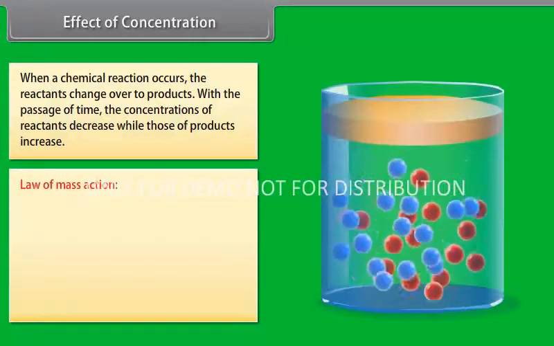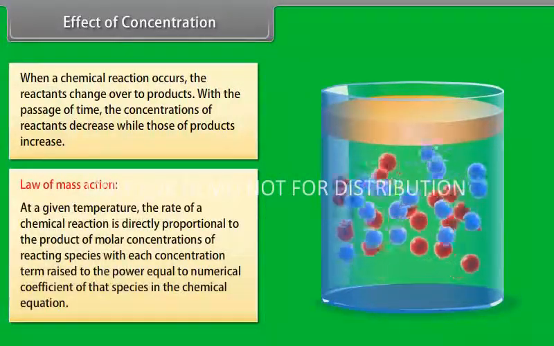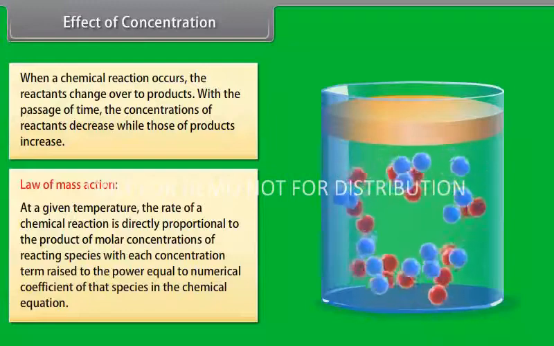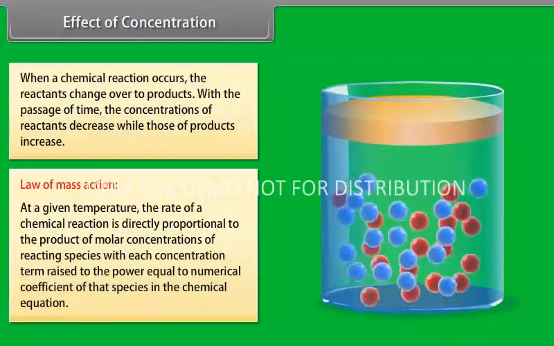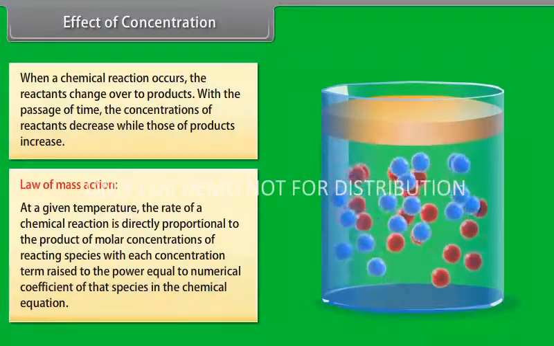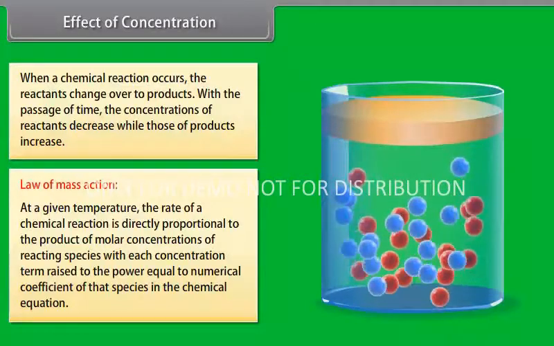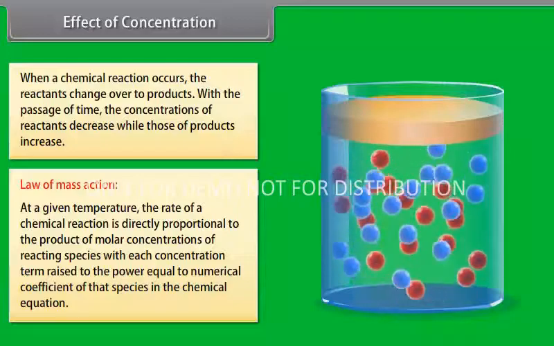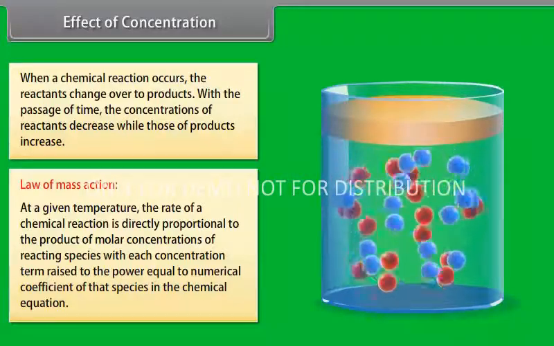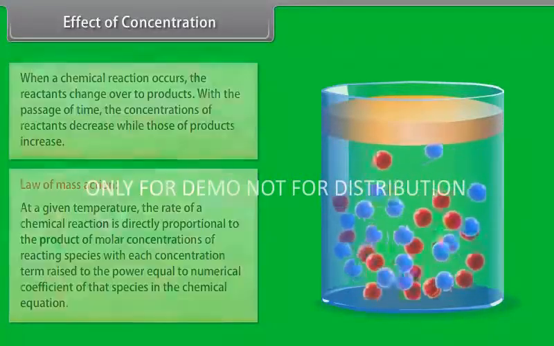Law of mass action. At a given temperature, the rate of a chemical reaction is directly proportional to the product of molar concentrations of reacting species, with each concentration term raised to the power equal to numerical coefficient of that species in the chemical equation.